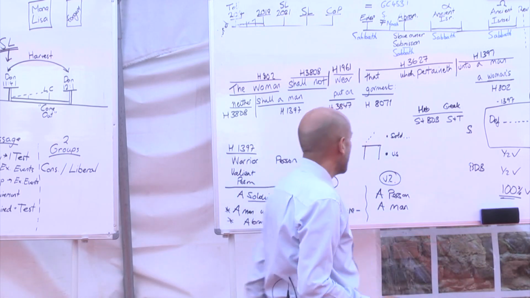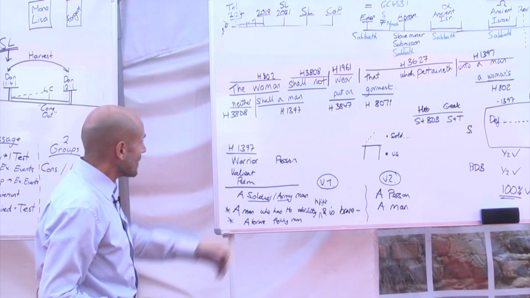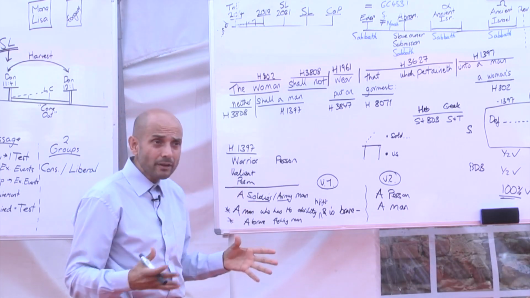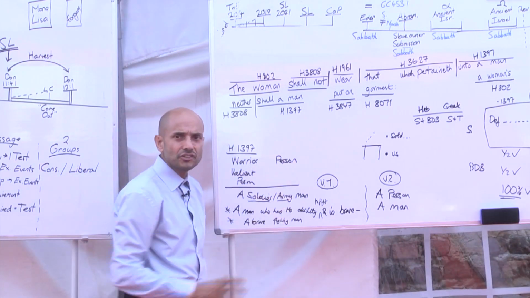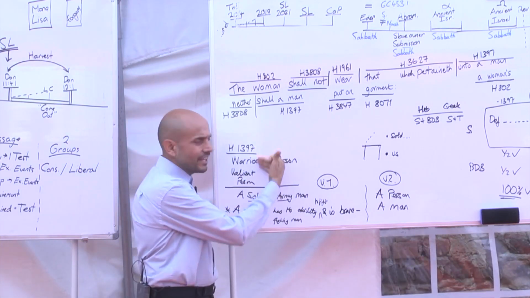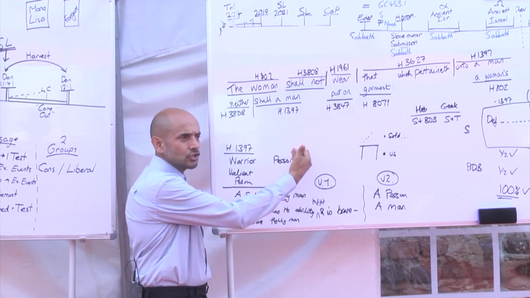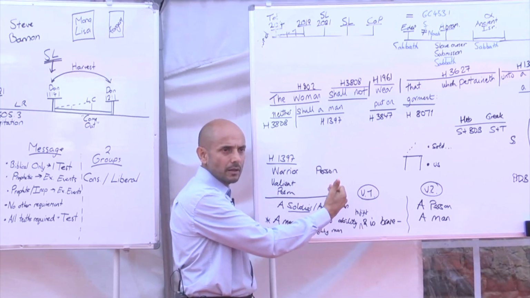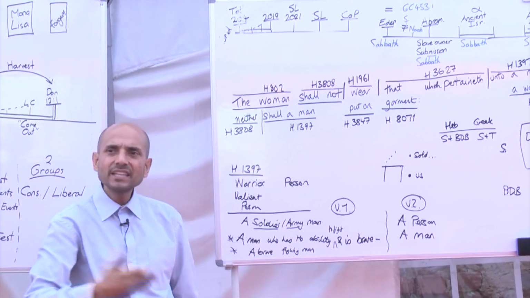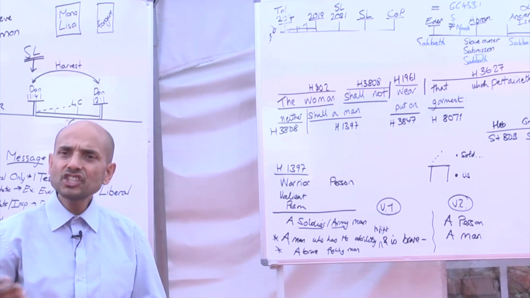We did all of that. Then we said, let's look at this one, 1397. We went to Strong's and went to Brown Driver Briggs. We got different definitions in two areas: a valiant warrior and just the normal person. We saw that it's a masculine noun, so it becomes gender specific.